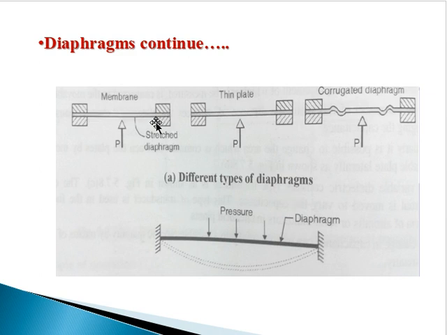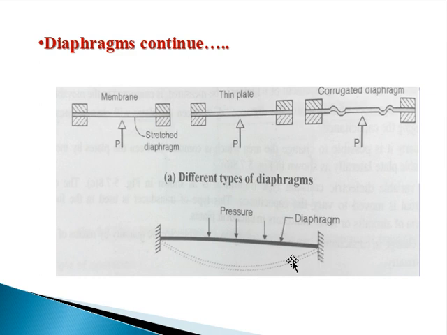This is basically a membrane, and if you apply pressure, it will be stretched. This is also called a thin plate. Basically here we are measuring change in resistance. This is a corrugated shape diaphragm, and here the simple phenomenon is described. When we apply pressure, this diaphragm will change its position and bend like this.